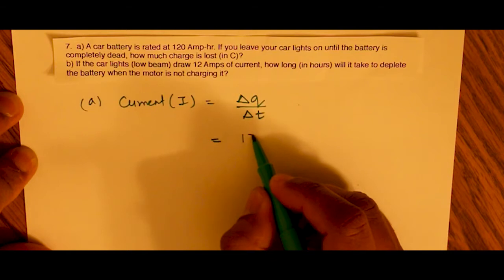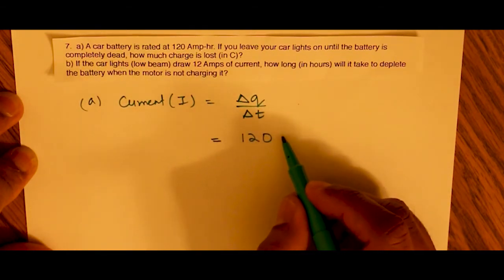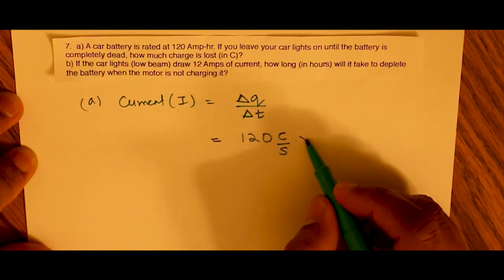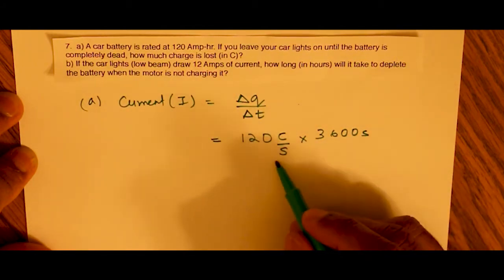So 120 amps, that is coulombs per second. An ampere is essentially a coulomb per second, in 3600 seconds, which is 1 hour.